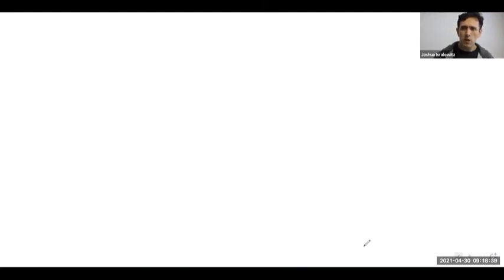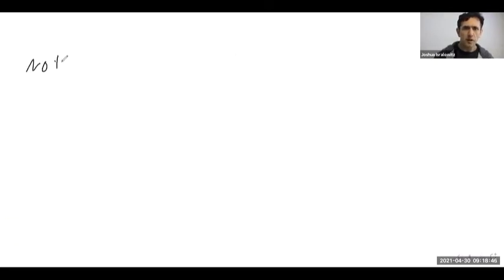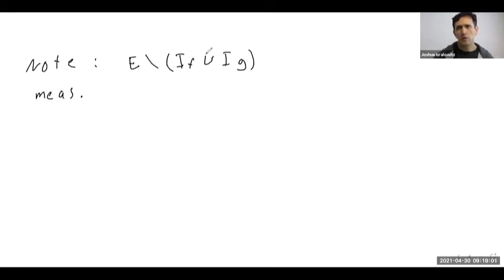So one thing to notice is that certainly E take away IF union IG is measurable. E is measurable. IF union IG has measure 0. It's also measurable just because it has measure 0.